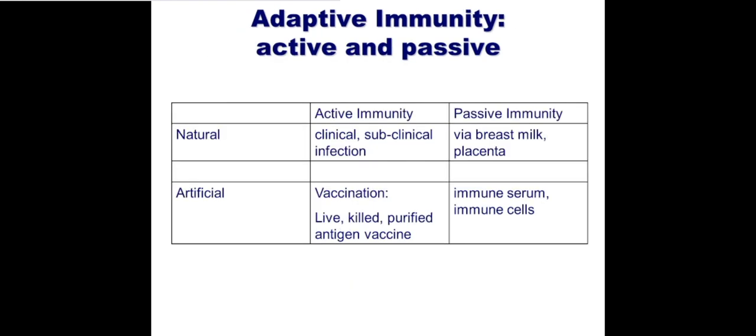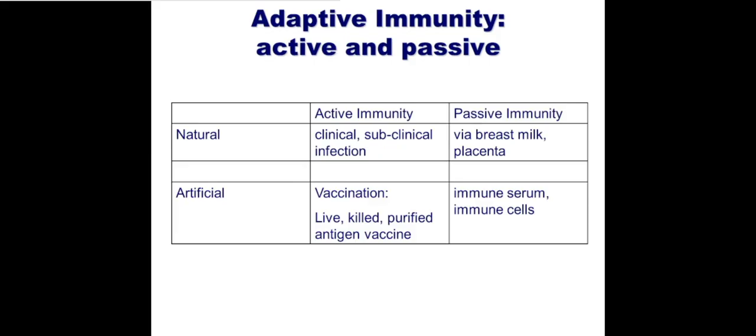These are the types of adaptive immunity. There are two types of adaptive immunity: active immunity and passive immunity. Active immunity comes from clinical and subclinical infection, and passive immunity is provided by breast milk and placenta.